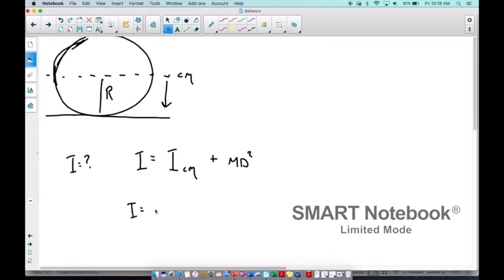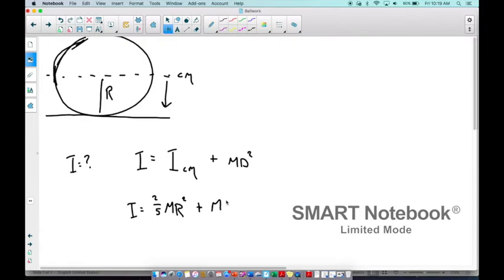We know already that the I about an axis through the center of the sphere is 2/5 mr squared. We found that earlier. Okay, so all we have to do is add to that md squared, where d is the distance that we've shifted the axis. Well, my new axis is a distance r away, right?